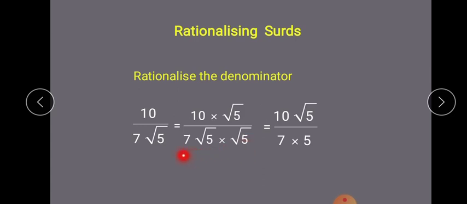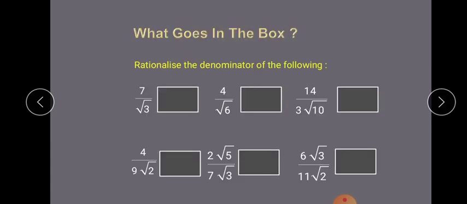So 5 into 7. So the answer will be 10 root 5 by 35. Now we can cancel this 10 also with 5. So 5 ones are 5, 5 twos are 10. So the answer is 2 root 5 by 7. These are some of the problems which you can try at home.